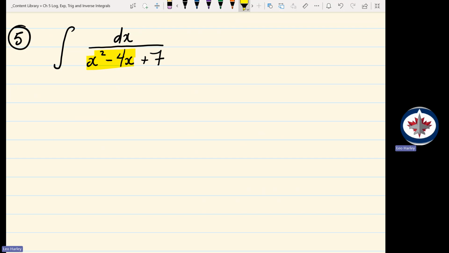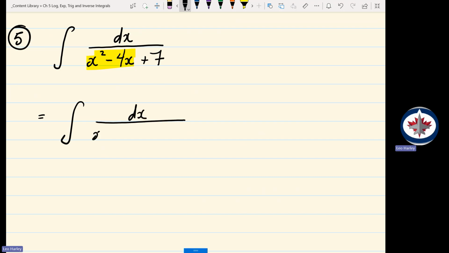If I said to you, you've got x squared minus 4x, what would you do to complete the square? Remember, you take the middle term, you divide it by 2, and you square it. So if you take minus 4, you divide it by 2, and you square it, don't you add 4? So we are manipulating the integral before we integrate.